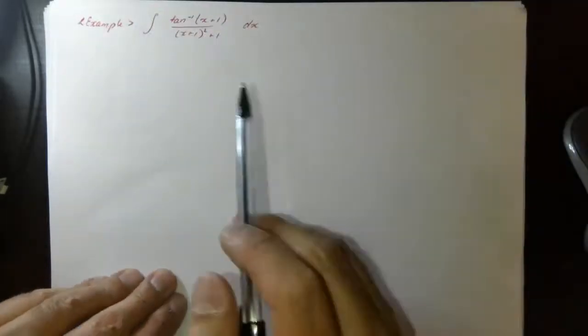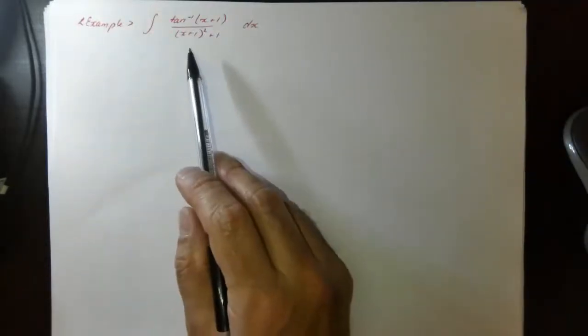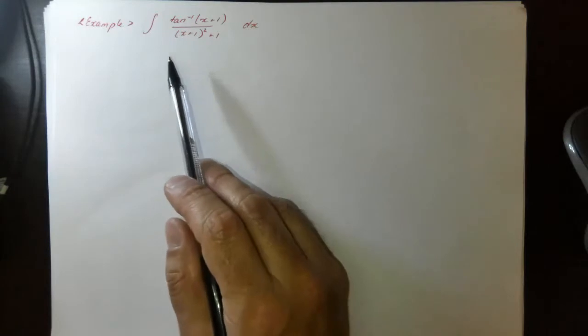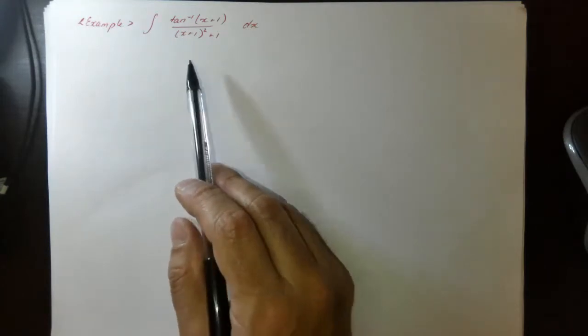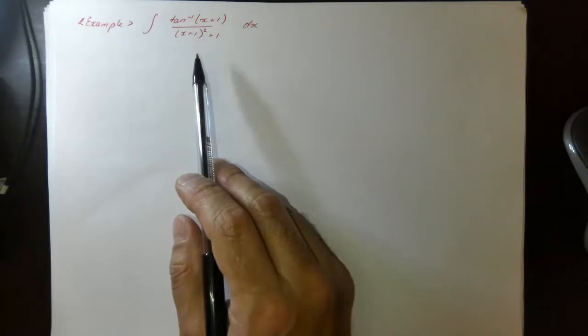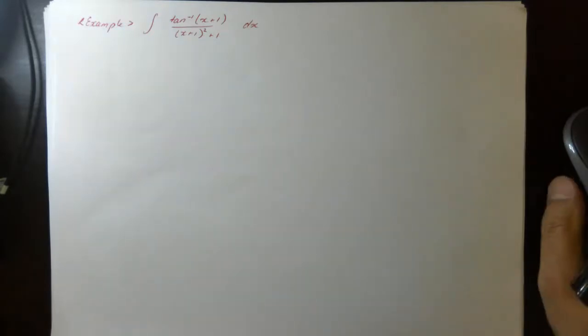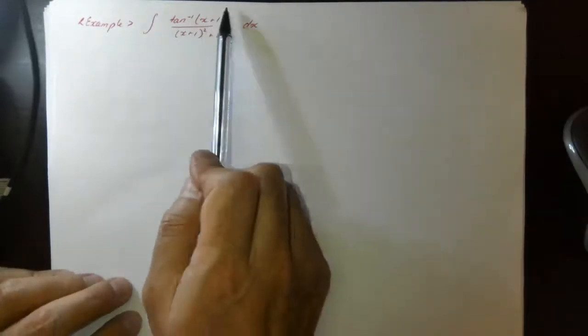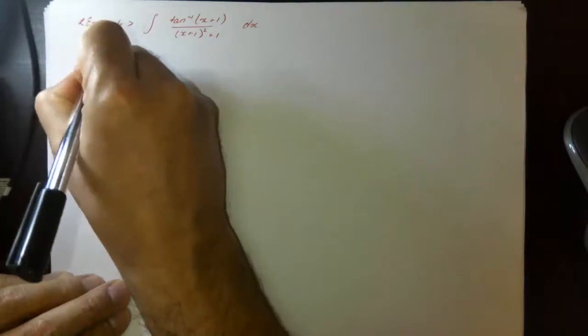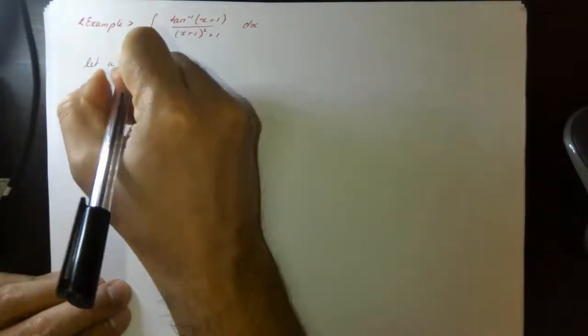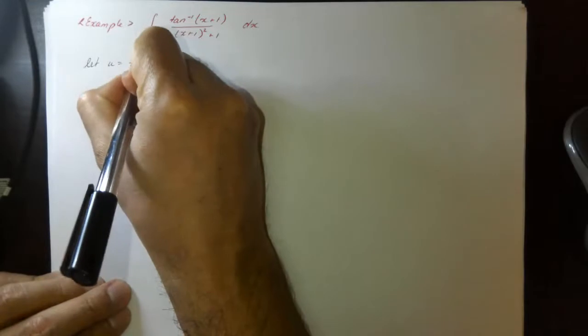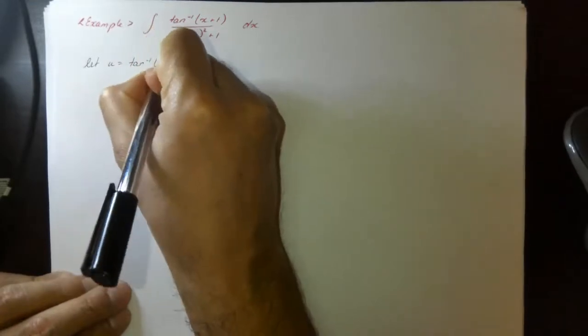Here we have inverse tan of (x plus 1), over (x plus 1) all squared plus 1. In this case, this is kind of like the curly bit, so I'm going to let u equal inverse tan of (x plus 1).